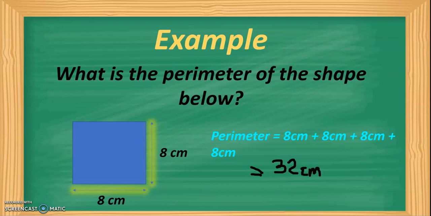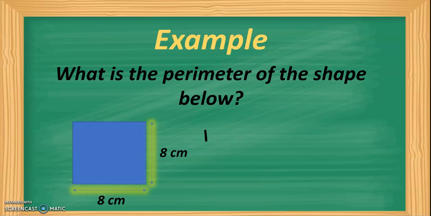And we can also try the other way. We could multiply, so we could put P to represent perimeter. And we will put our 8 centimeters to represent one of the sides. And what are we going to multiply by? Very good.